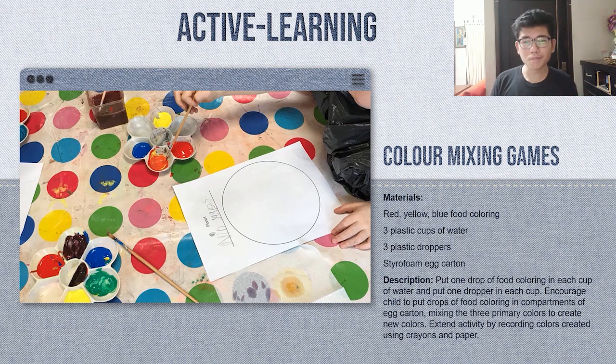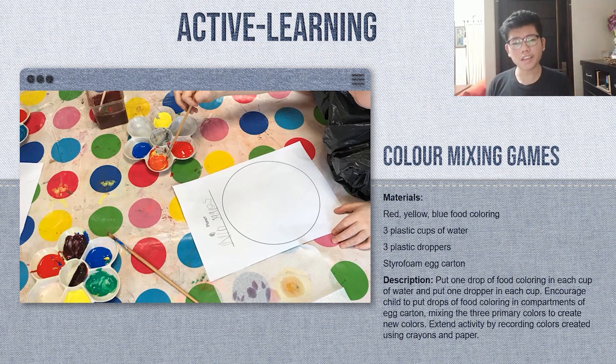To play this game, you need to prepare the materials first. The materials are colors like yellow, green, red, and others. Of course, these colors need to be safe for children. You can use food coloring. Next are 3 cups of water, 3 droppers, and the last thing is styrofoam.